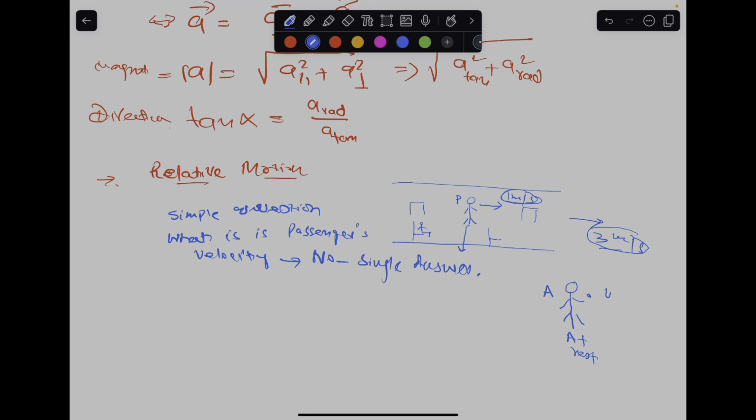So now we have to specify which observer we mean, and we speak of the velocity relative to that particular observer. So we have to keep in mind the particular observer. The walking passenger's velocity relative to the train is 1 meter per second.